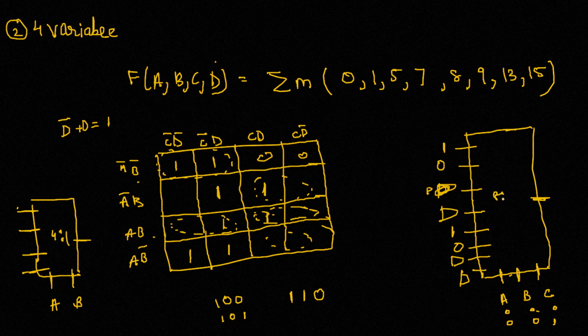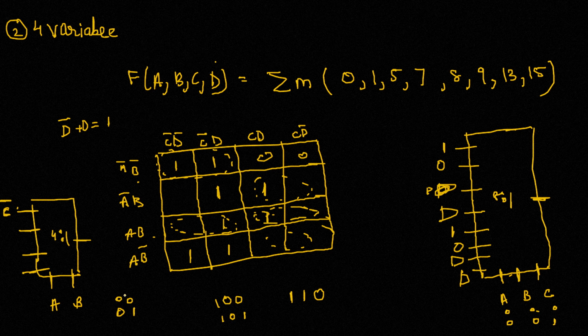This is a 4 cross 1, versus the 8 cross 1. Okay, so for 0 and 0, which is A complement B complement, I get the output as C complement D complement plus C complement D, which is basically just C complement.